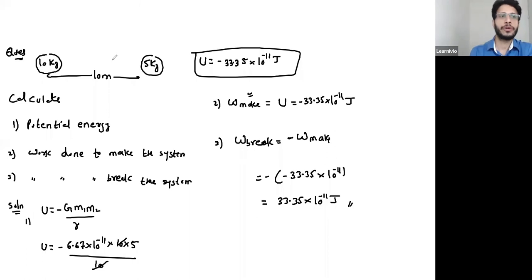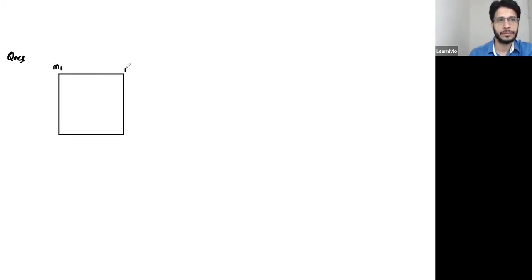So that was potential energy for a system having two masses. But instead of two masses, if you have a system having 3 or 4 masses, let's calculate potential energy for a system having 4 masses. Let's say we have a system having 4 masses, M1, M2, M3, M4.